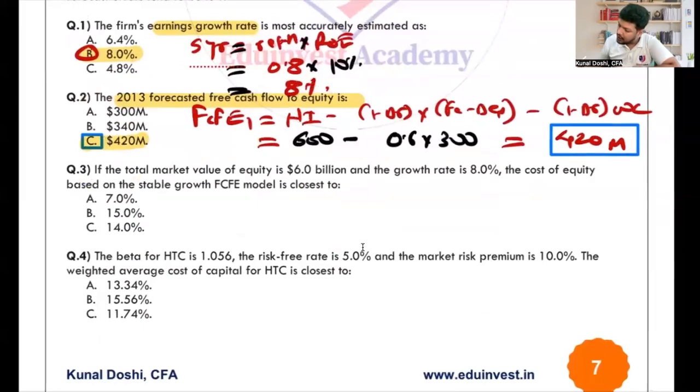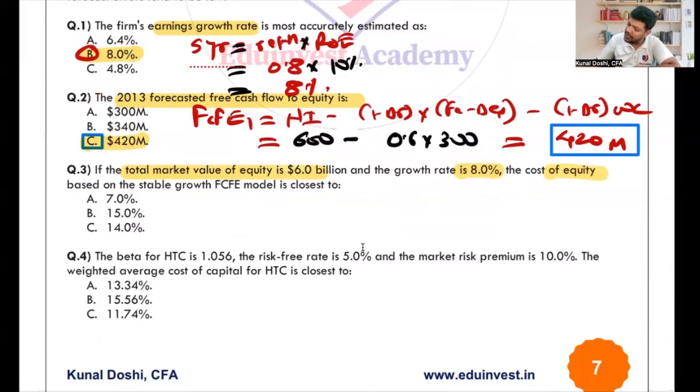Correct, everyone? 420 million. Easy. Next. The total market value of equity given to me is 6 billion and the growth rate is 8, and we need the cost of equity based on the stable growth rate of FCFE. Now, cost of equity based on this is D1 over P0 plus g, right? However, here I have been given the value of equity.